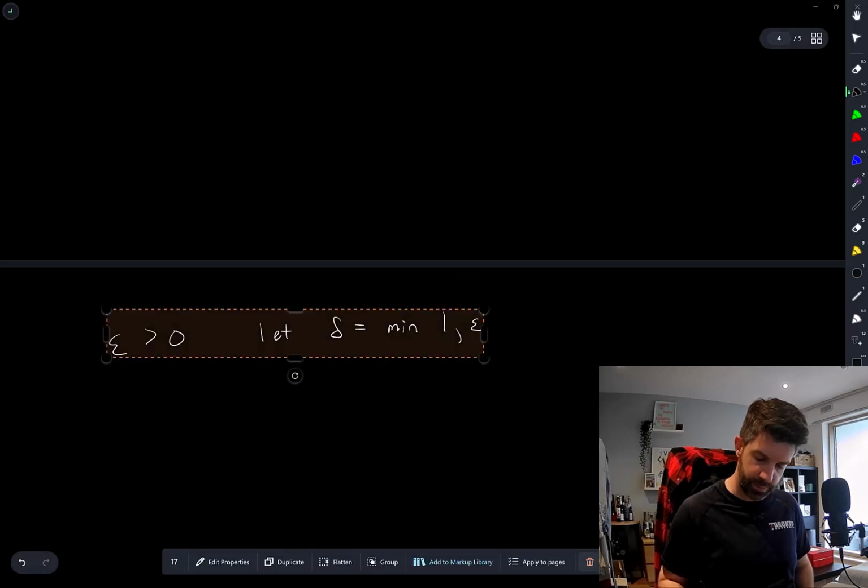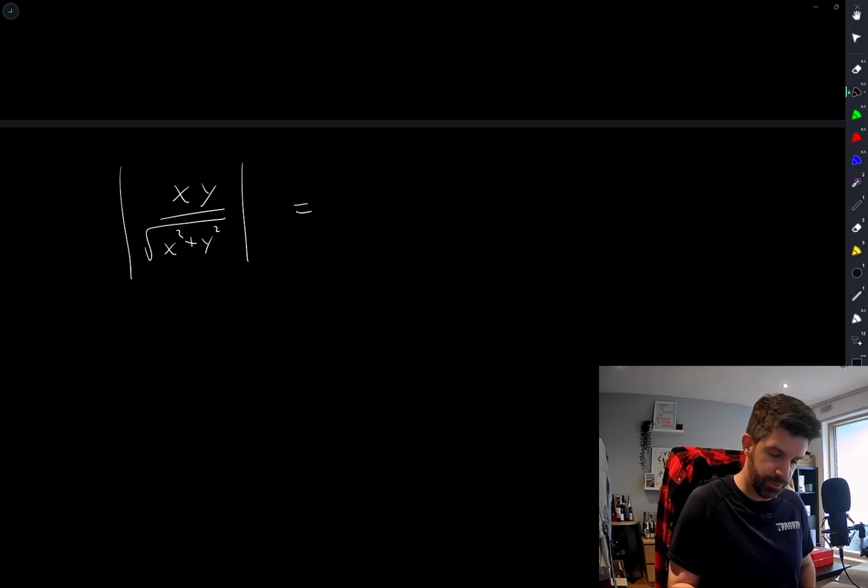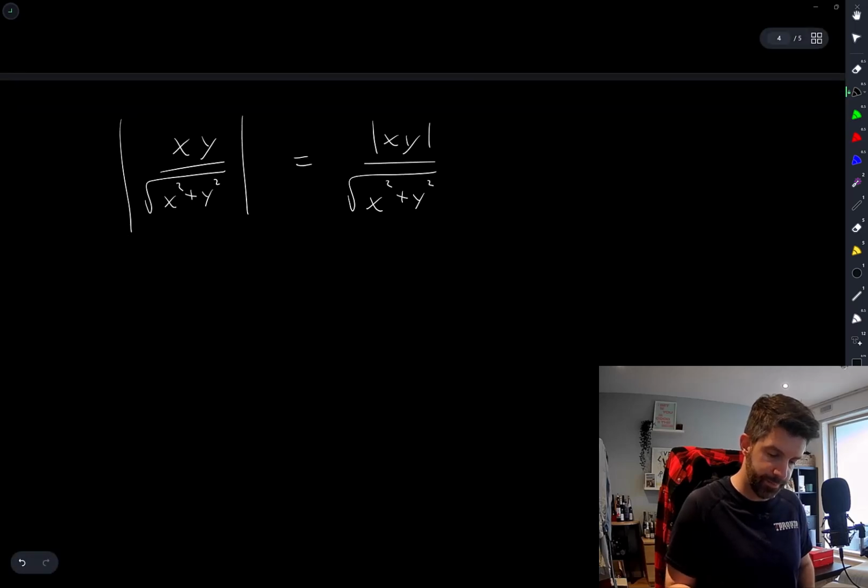Okay. The quantity I'm concerned with is xy divided by the square root of x squared plus y squared in absolute values. Okay, so this is equal to the absolute value of xy divided by root x squared plus y squared. This is less than or equal to, I replace the numerator with the maximum of x squared and y squared.